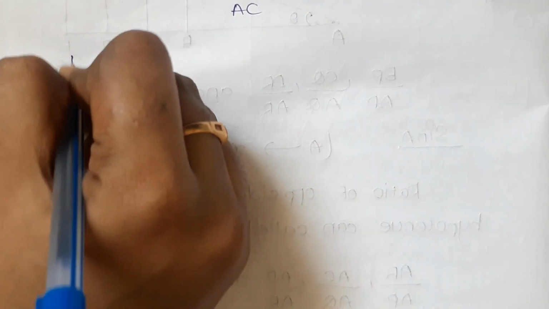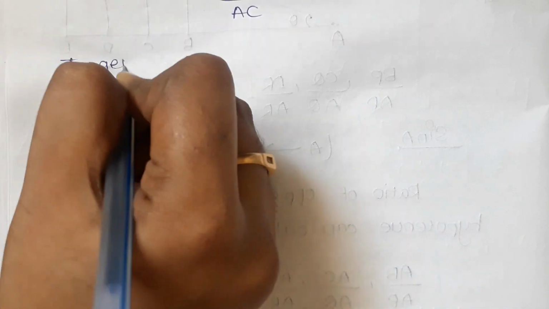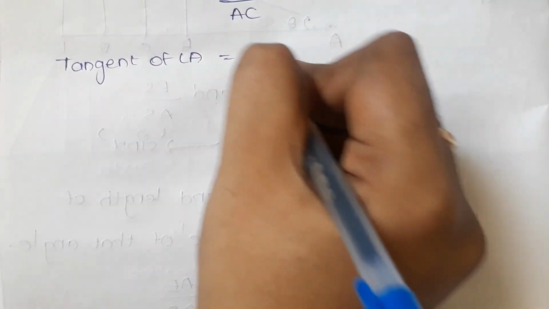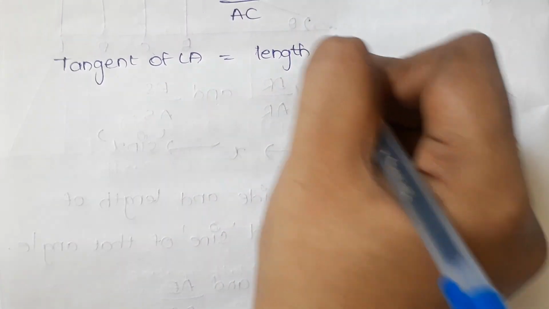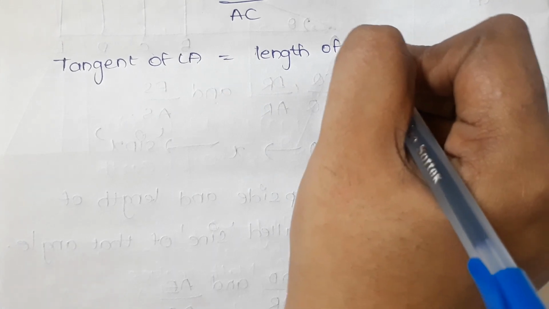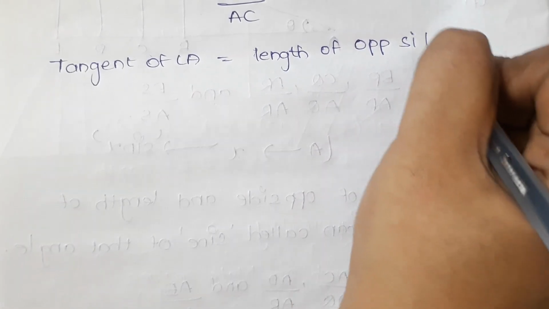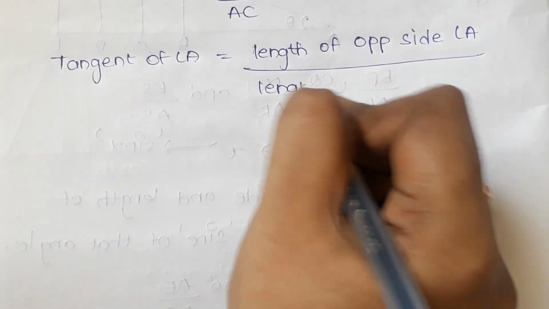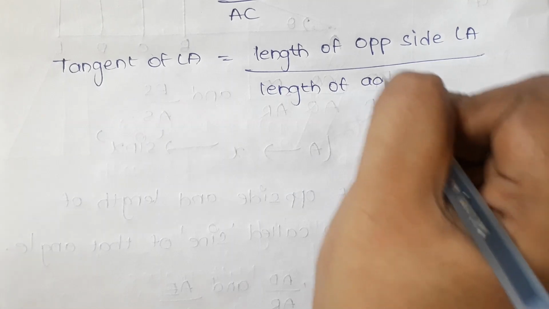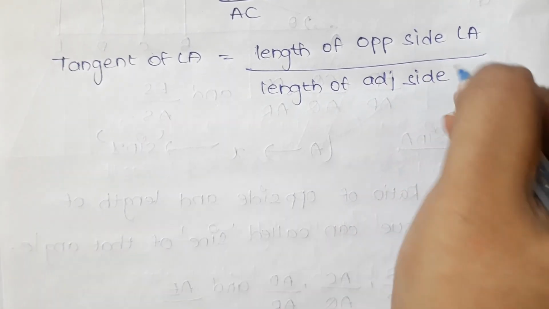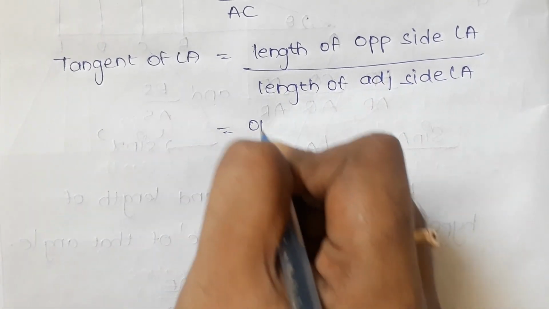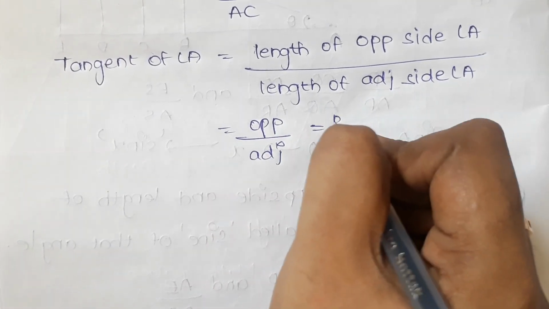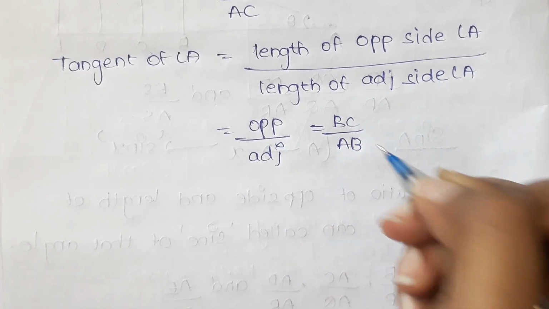And again, tangent of angle A is nothing but the length of the opposite side of angle A by the length of the adjacent side of angle A, that is simply the opposite side by the adjacent side, that equals BC by AB.